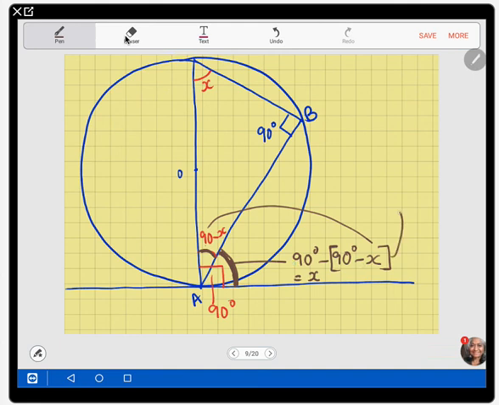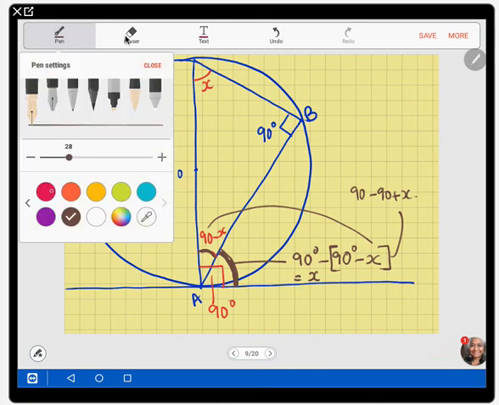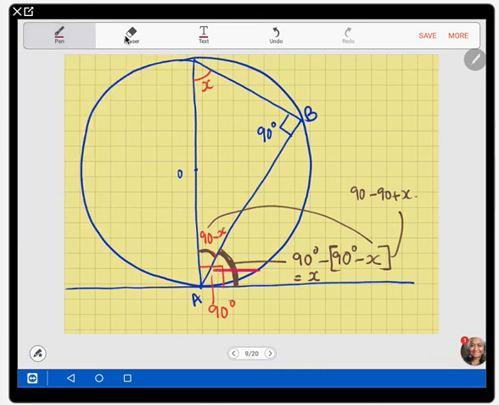I write it here, 90 minus 90 plus X. So this angle is X, right? This is equal to X. And here we go, we've got X here as well.